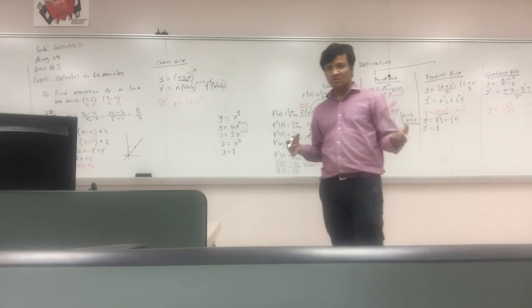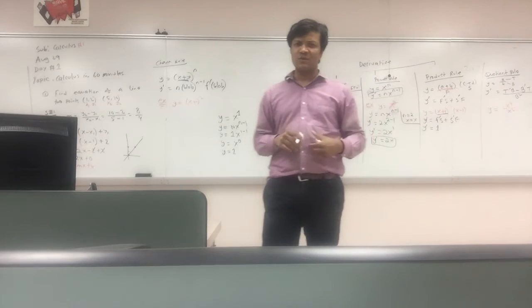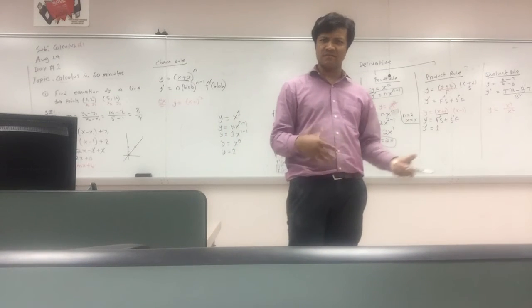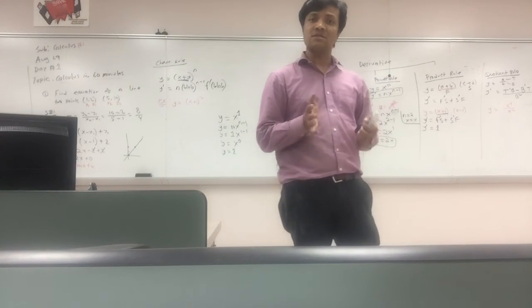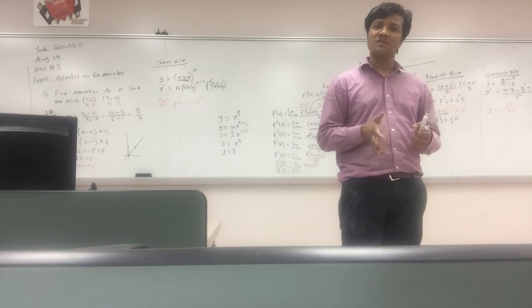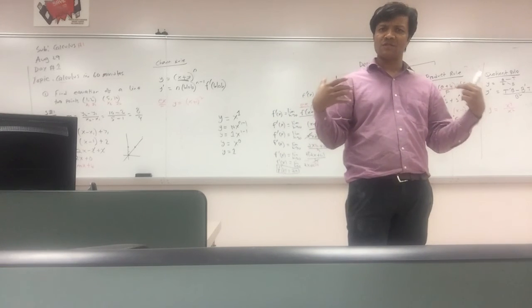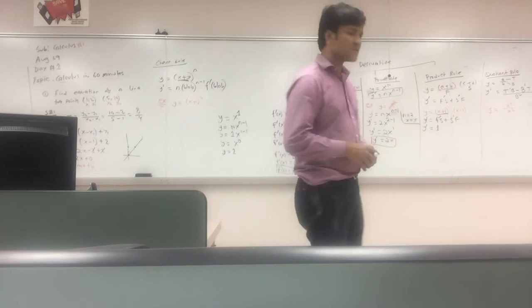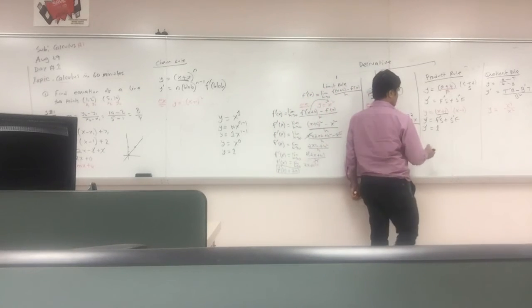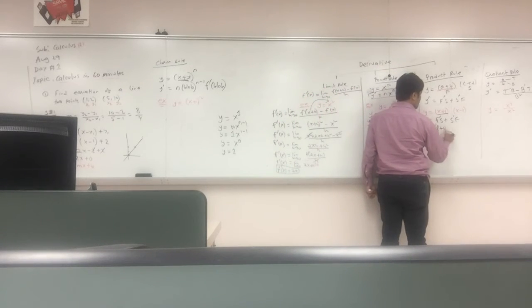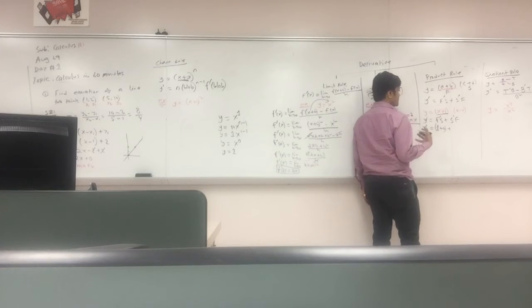Derivative of 2 is 0. Derivative of any constant is 0. What about derivative of 2 million? That's a big number. But still the derivative of any constant, 2 million, 10 million, 2 billion, 10 billion, 10 trillion, is 0. So 1 plus 0, plus. What is the derivative?